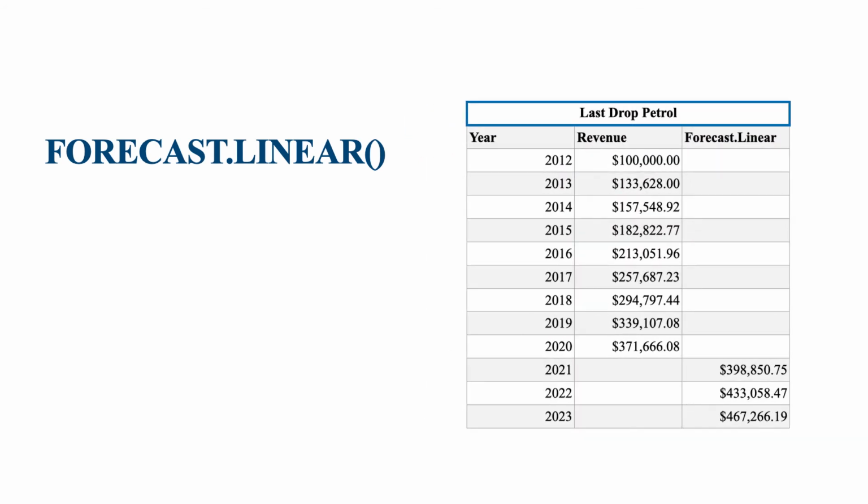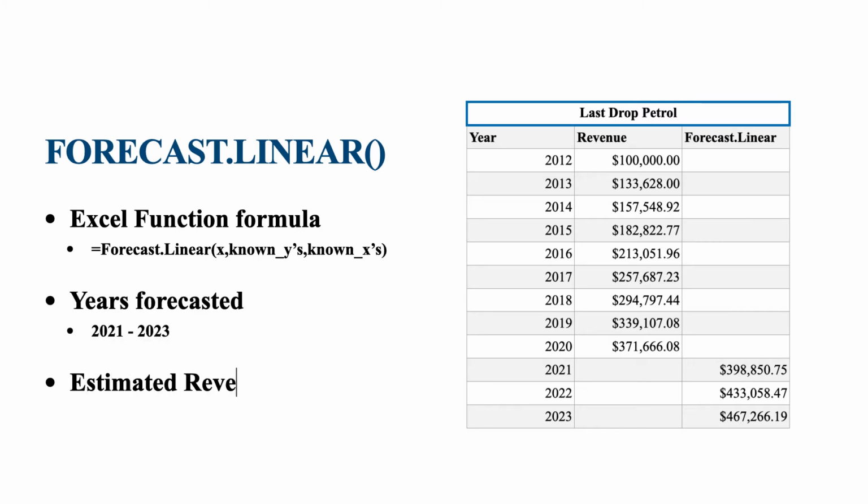With the help of Excel, we use the function formula =FORECAST.LINEAR(x, known_y's, known_x's), where x is the numeric value, in our case the year, for which we are looking to forecast a y value.